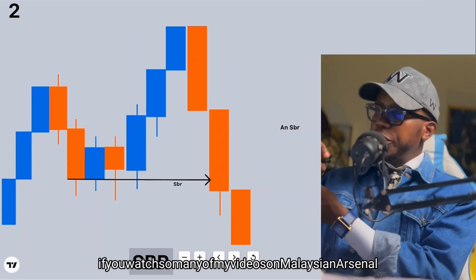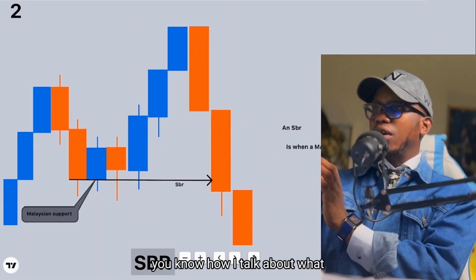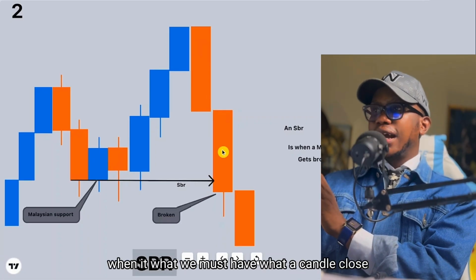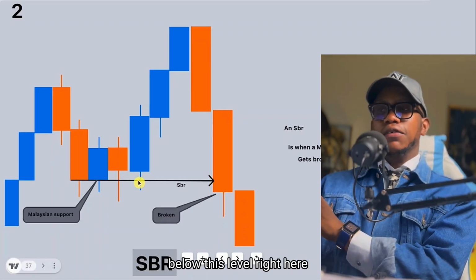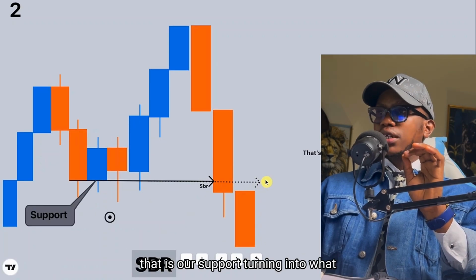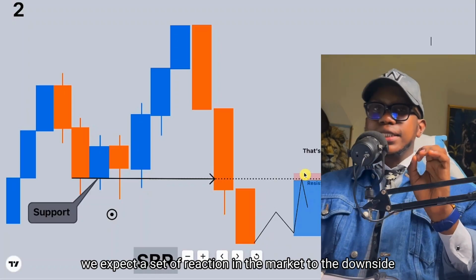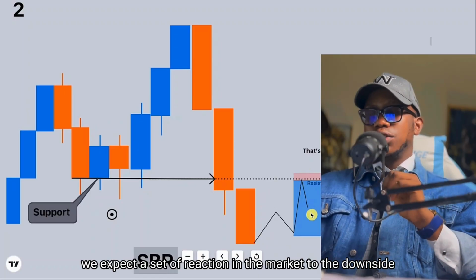If you watch many of my videos on Malaysian MSNR, you know how I talk about needing a candle close below this level right here. That is our support turning into a resistance level. And when the market gets here, we expect a reaction in the market to the downside.